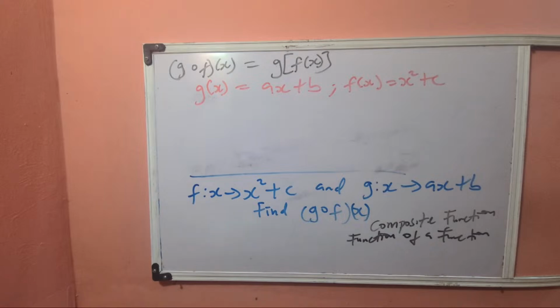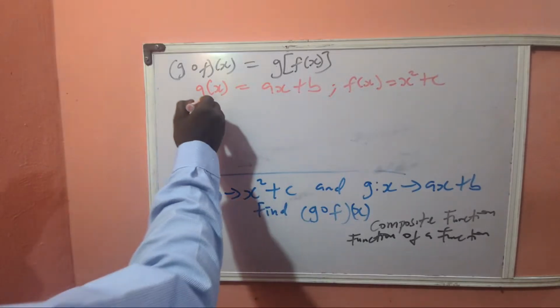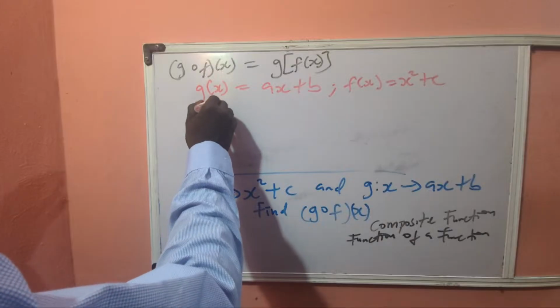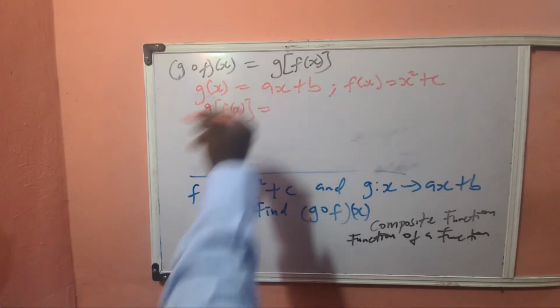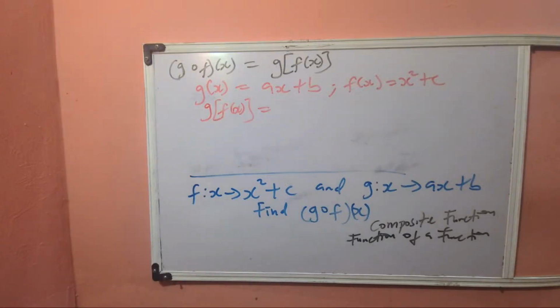When we're trying to find g of f of x, essentially what we are trying to find is anywhere we saw x, we are now filling it for f of x. So we saw x right here.